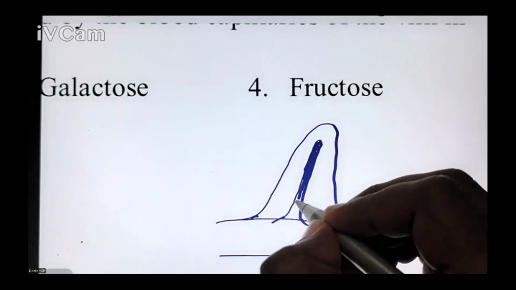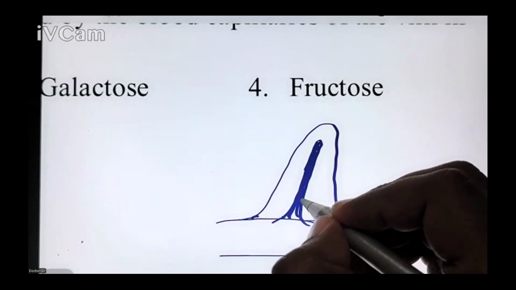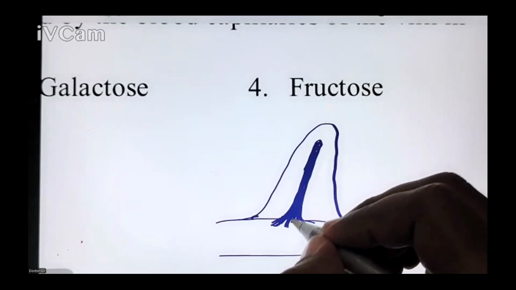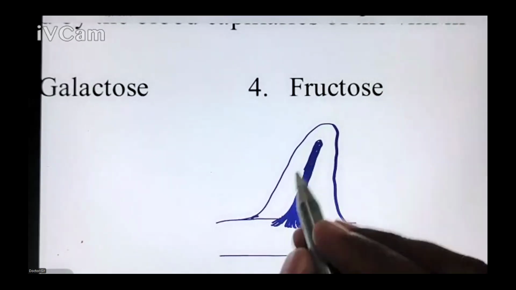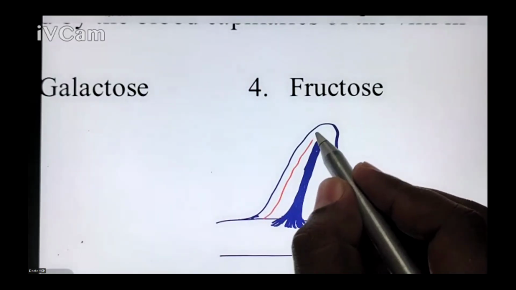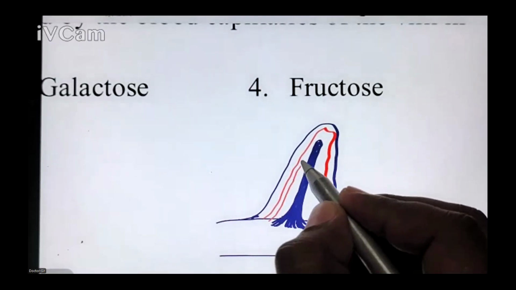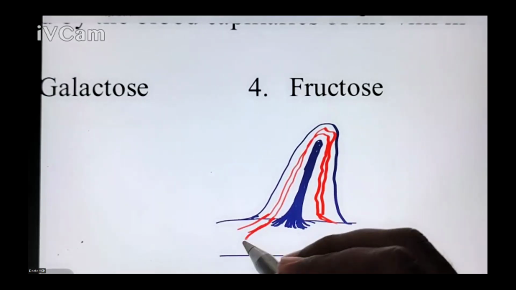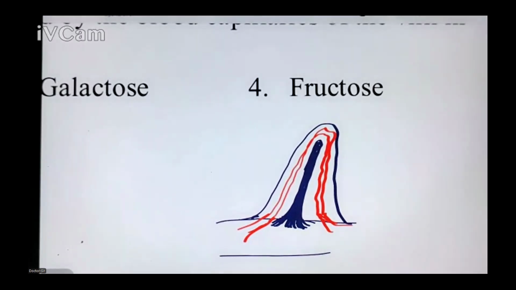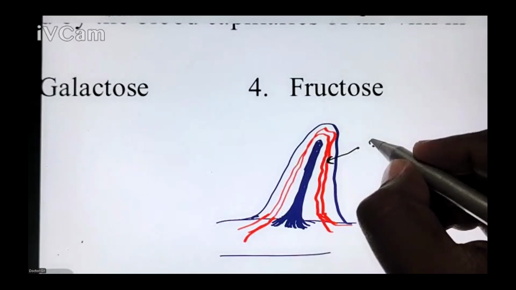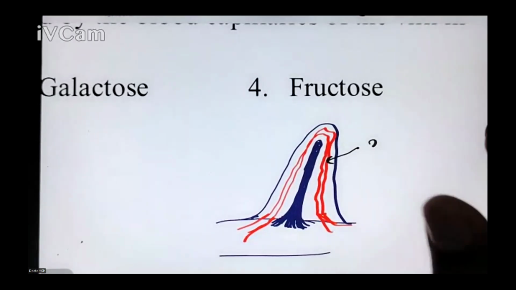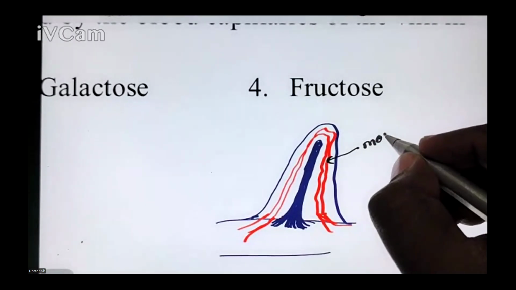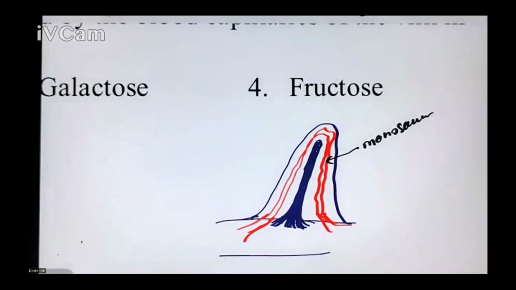Then blood vessels will absorb some end products. If digestion is finished, the next part is absorption. So what can the blood vessels absorb? They absorb all the monosaccharides.